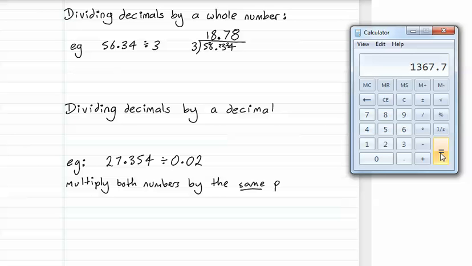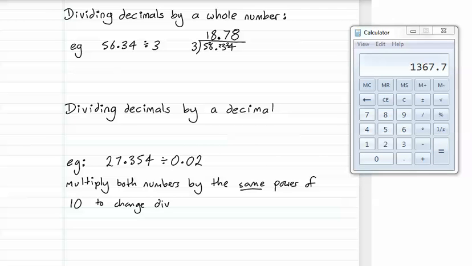That means a number with 1 and some zeros after it. Or we could say we multiply them by 10 the same number of times. So we change the divisor, the number we're dividing by, to a whole number, and then we'll divide.